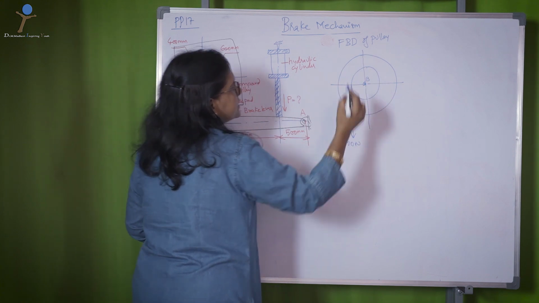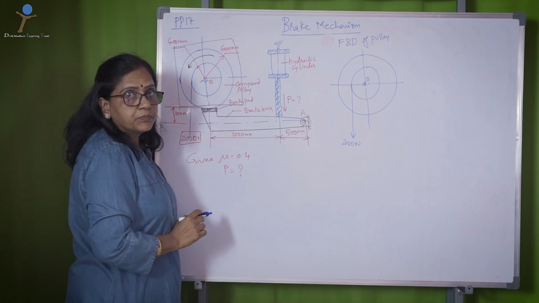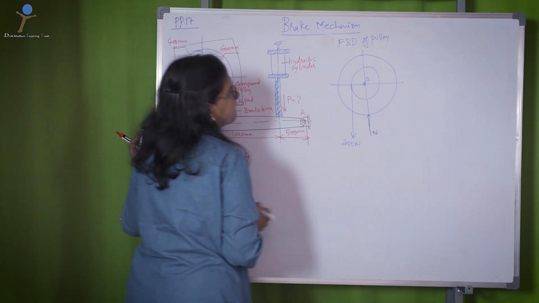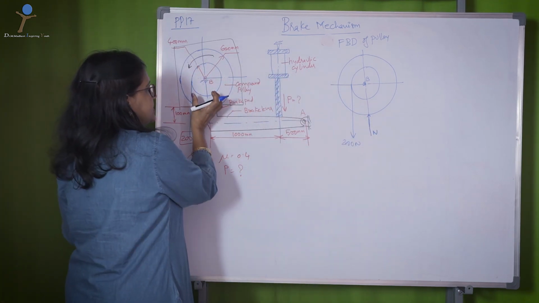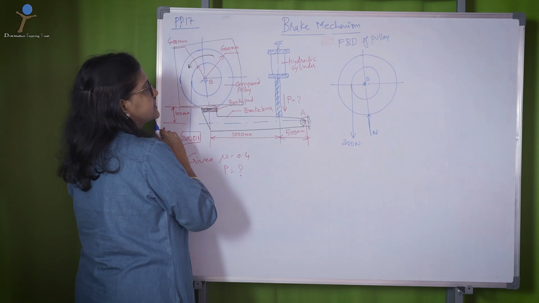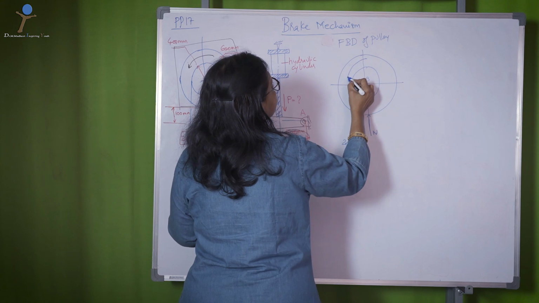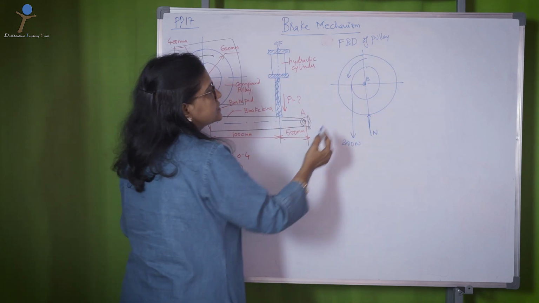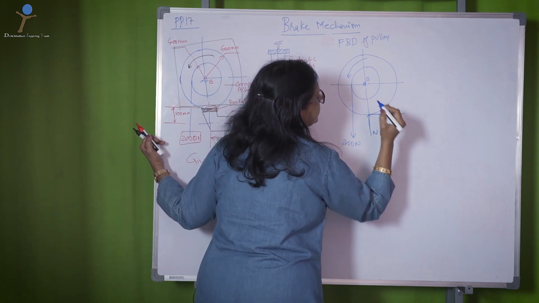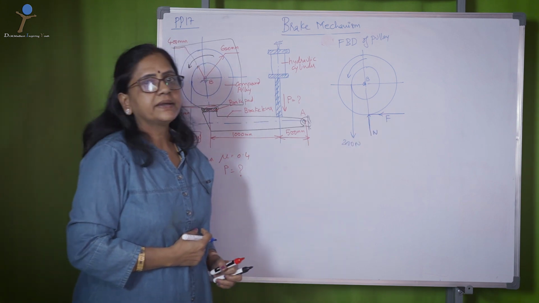The brake pad exerts force on the pulley, causing the normal reaction N on the pulley. While it is exerting force, a frictional force is caused at the contact surface. That frictional force direction depends on the direction of rotation. Since it is rotating in this counterclockwise direction, the frictional force acts opposite to its motion.